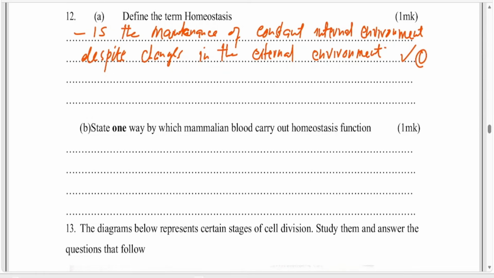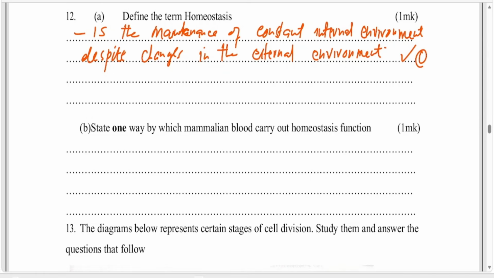Even if the external temperatures get to 40 degrees Celsius, the internal temperature of a mammal, or a human being, will remain at 36 degrees Celsius. So that is a factor which is maintained at constant.